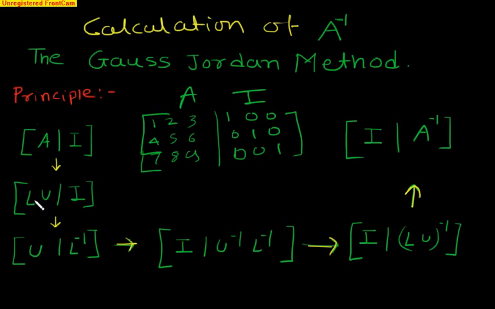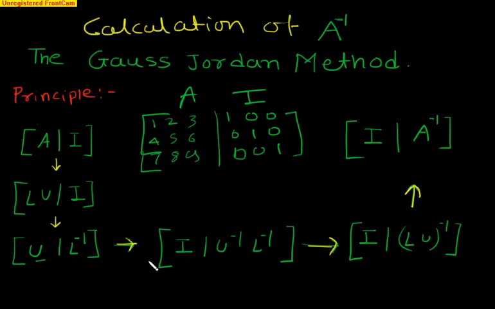After that, we'll multiply L inverse to both sides. Then what will be the result? L inverse into L will be I, I into U is U, and at the right hand side, L inverse, like this.